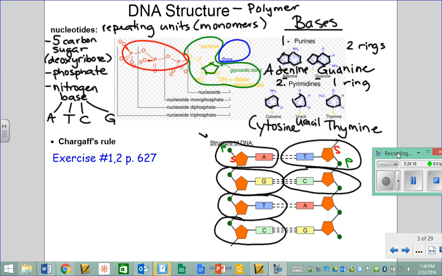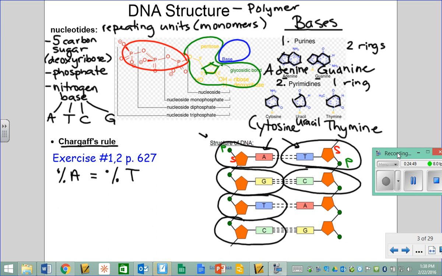So one of the things that you might notice if you look at pictures of DNA is that A and T always seem to go next to each other. G and C always go next to each other. This comes from, or we know about this because of Chargaff's rule. So this was a scientist, and what he discovered was the percent A that a person had would be essentially equal to the percent of T that they had.